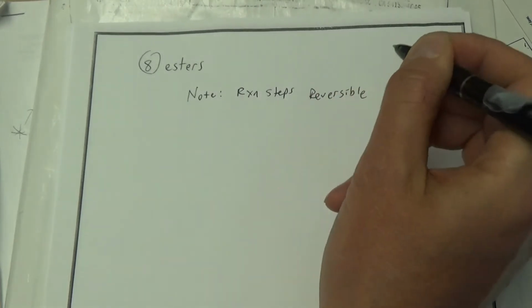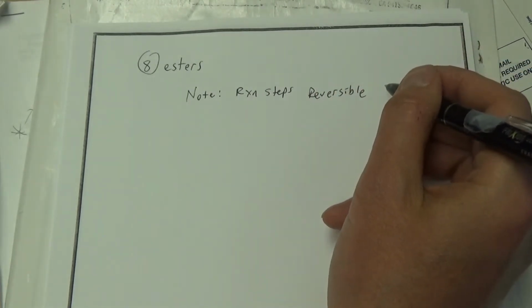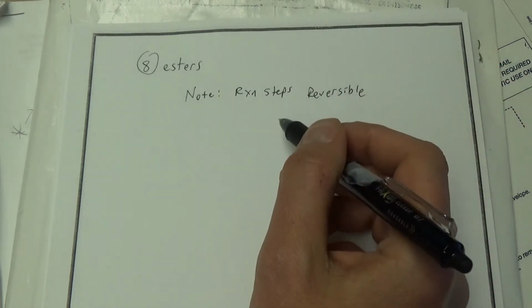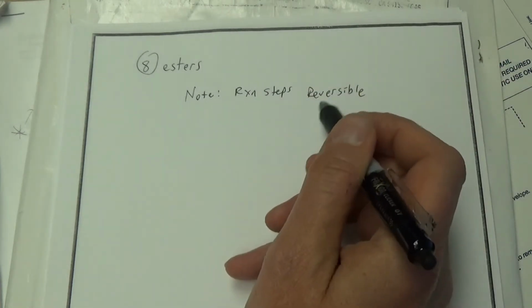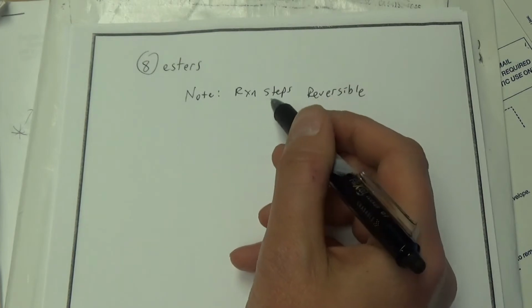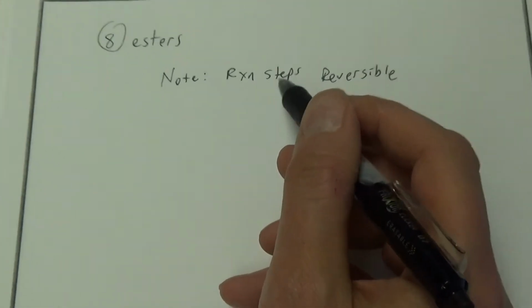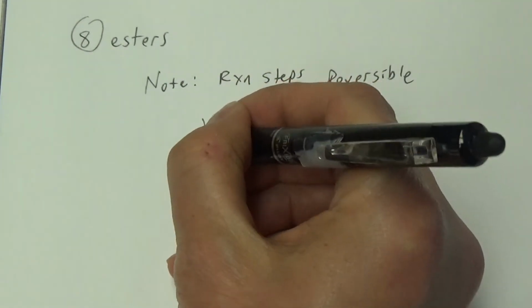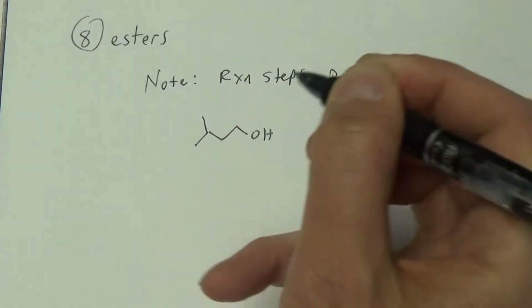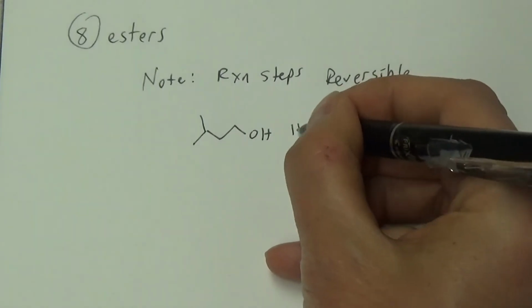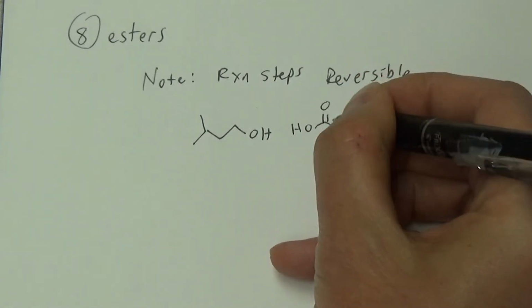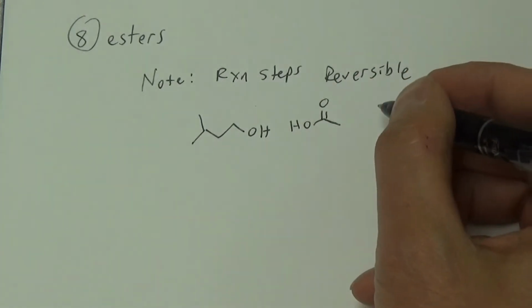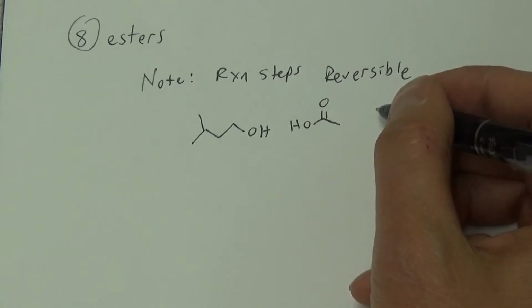And what that shows is that we can either make an ester or it can destroy an ester, depending on the conditions, basically using the same mechanism. So if I take isoamyl alcohol and a carboxylic acid, I just reversed the orientation of them, and I want to make an ester.